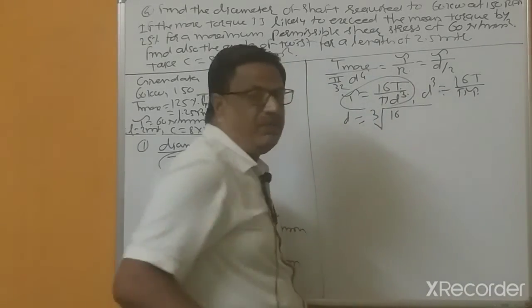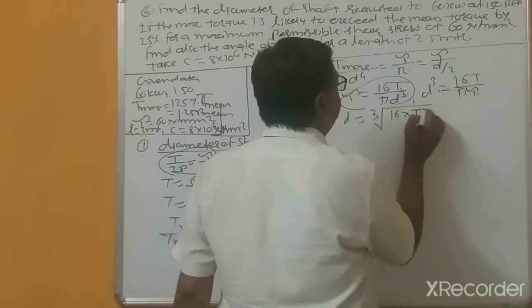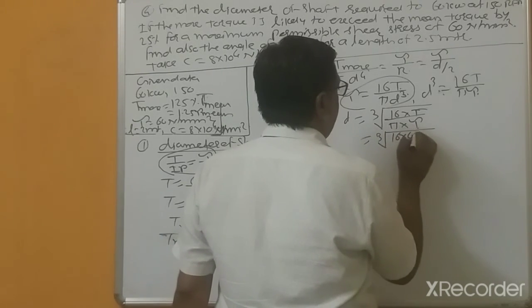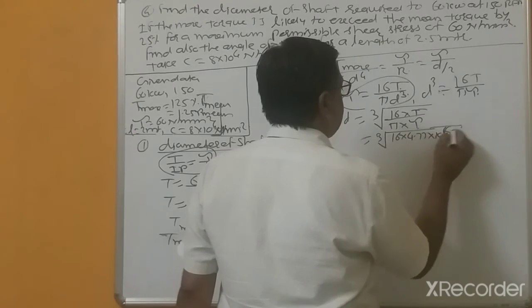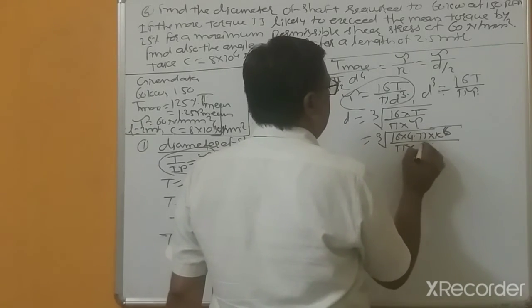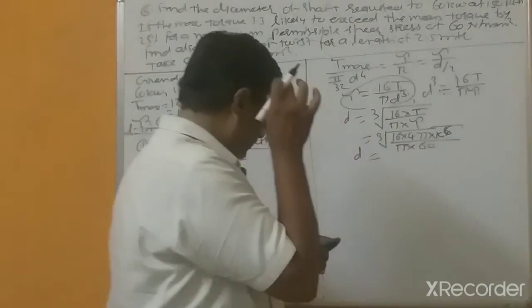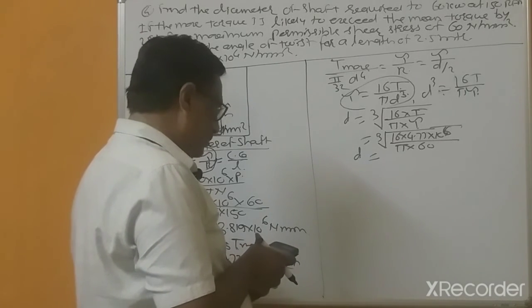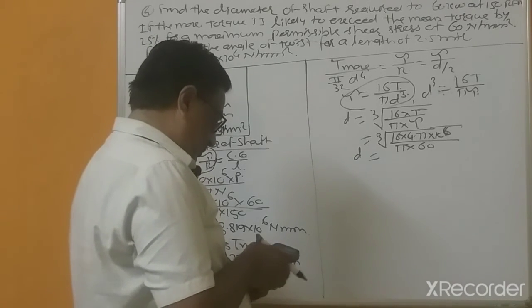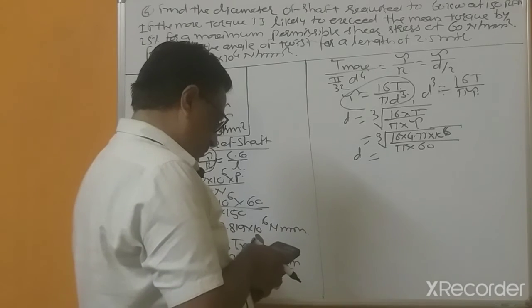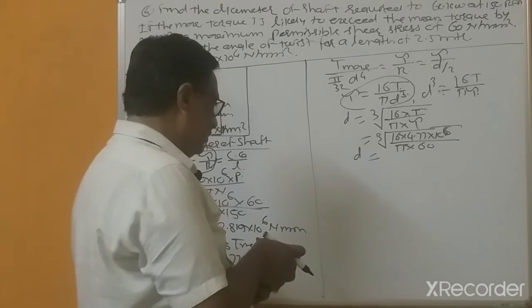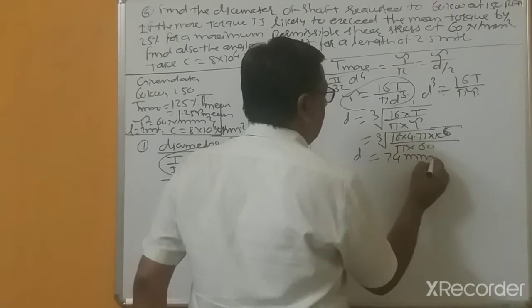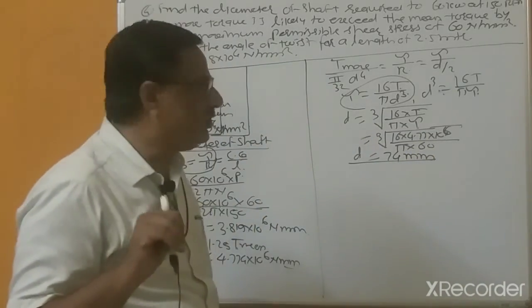This relation is popular for solid shafts. 4.77 into 10 to the power 6, pi, and this is 60. D equal to 74 mm diameter.